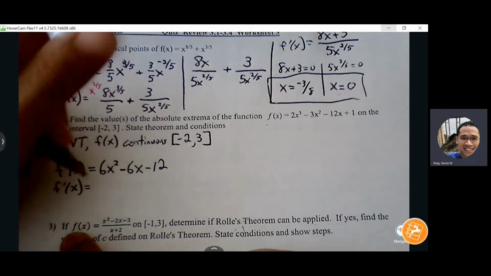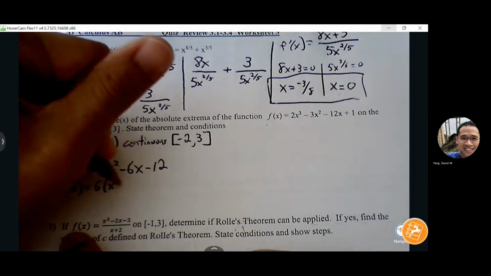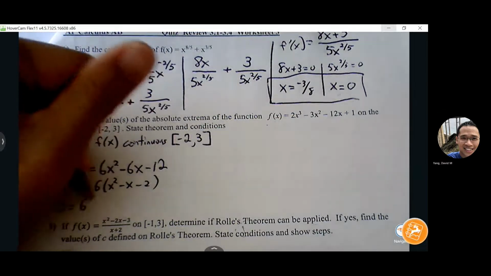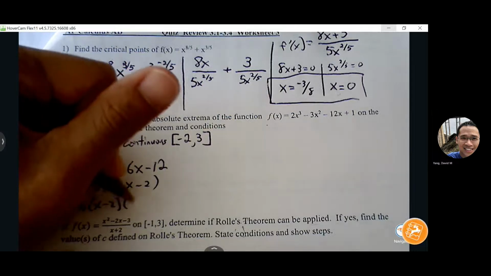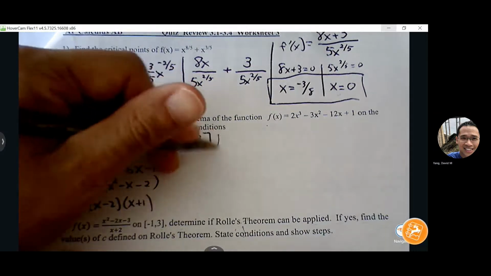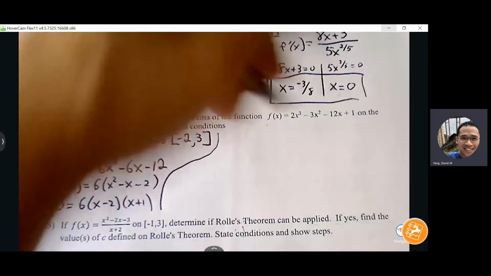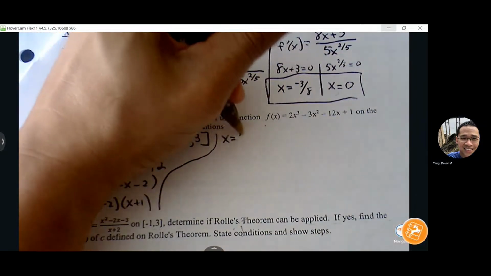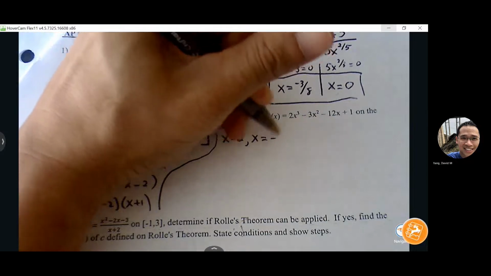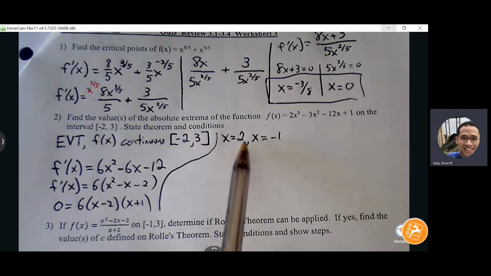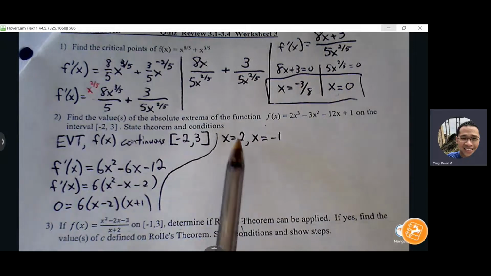Factor out a 6. Solve for x. I get 2 and -1. Okay, so we have 2 candidates for highest and lowest points on the graph.